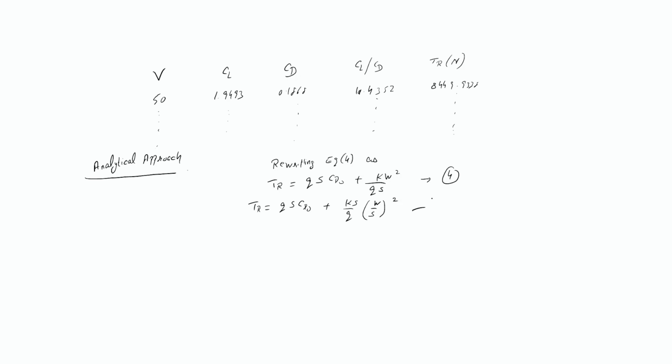So this equation is same actually, and we can write here q into TR equals to q square S into CD naught plus K S into W by S whole square. I'm just taking the LCM here.